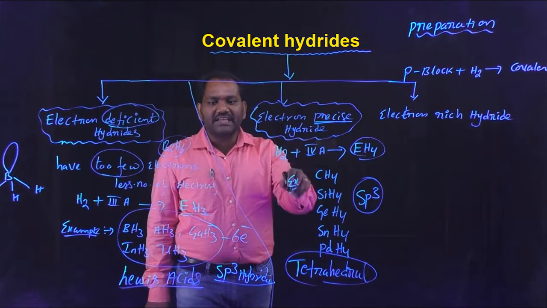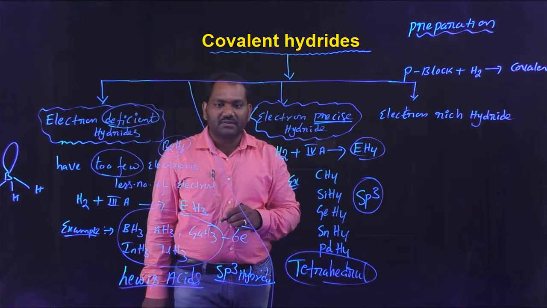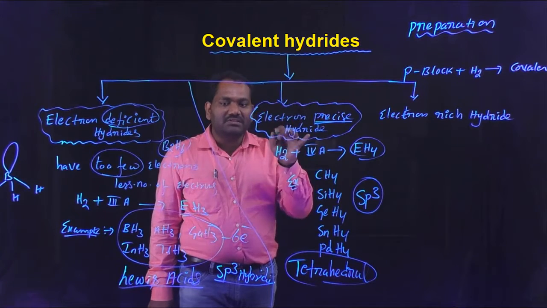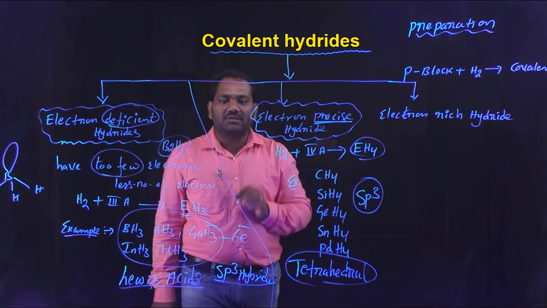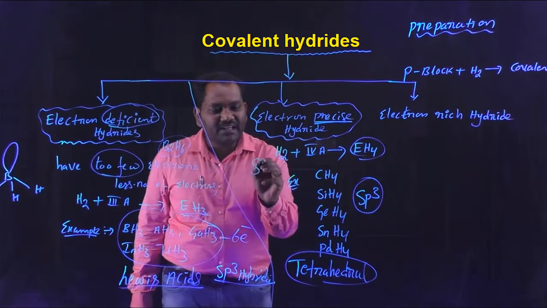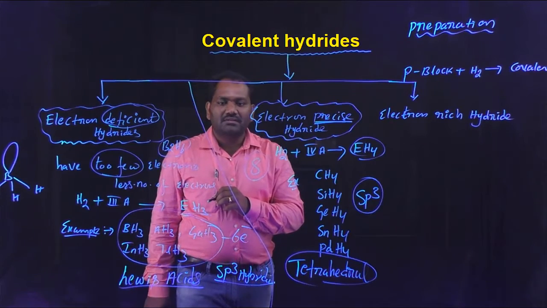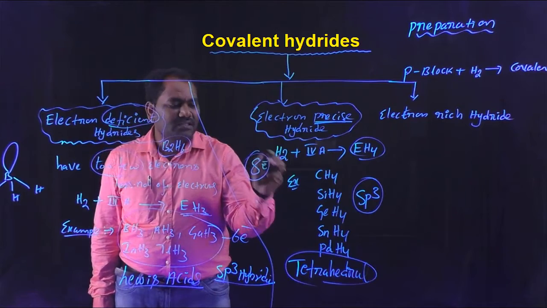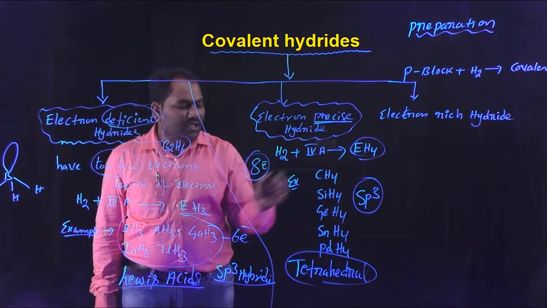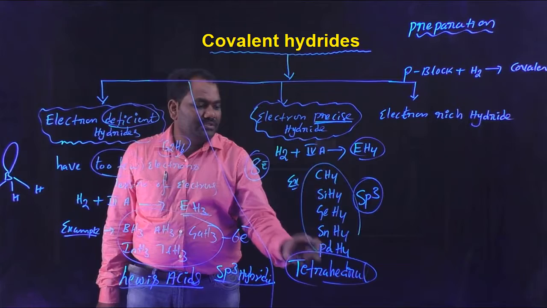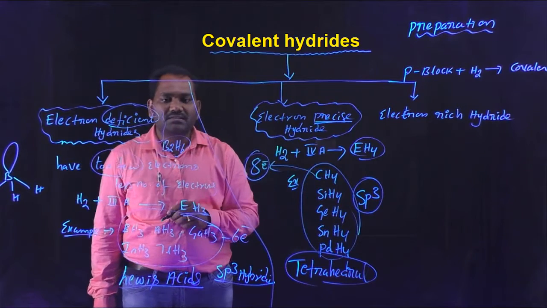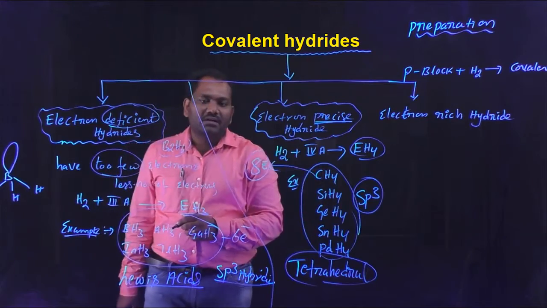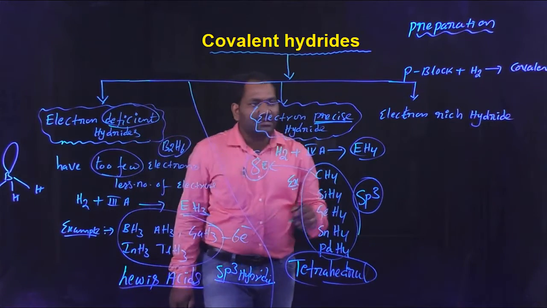They have a precise, sufficient, equal number of electrons, that is nothing but 8 electrons. All these compounds have 8 electrons. Clear? So this is about the electron precise hydrides.